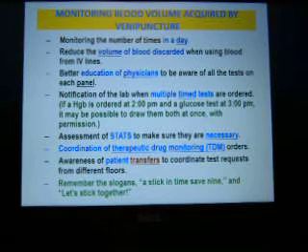We always want to assess stats to make sure they're necessary. We always want to coordinate therapeutic drug monitoring orders and make sure that those are done properly. You always want to be aware of patient transfers if they're moved from one floor to the next to coordinate test requests from different floors.